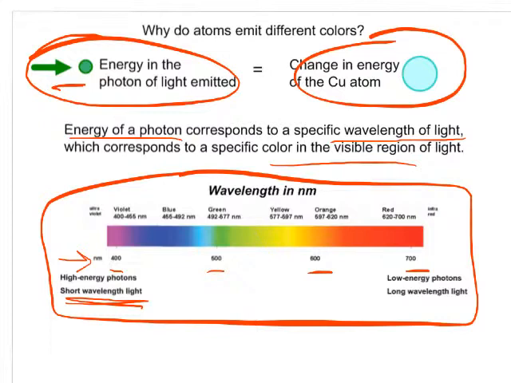It happens to be high energy photons. So the shorter the wavelength, the higher the energy. If we travel this direction on our spectrum, we have increasingly longer wavelengths, okay, and increasingly lower energy of photons. And you can see where the colors obviously fill in and are associated with the different energy levels and the different wavelengths.